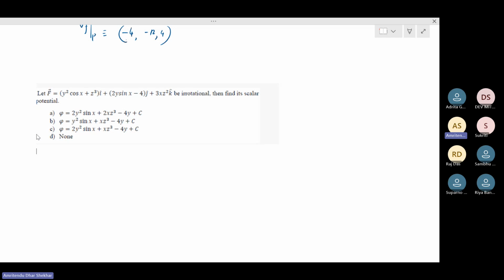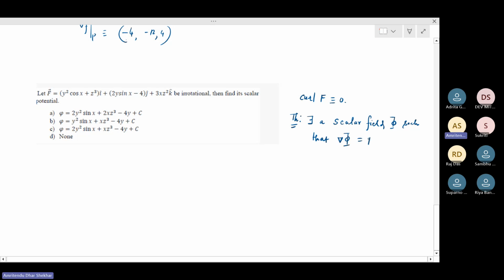But if a vector field is irrotational, so you're given a vector field which is irrotational, which means that the curl of f is equal to 0, identically equal to 0, not at a particular point, then this is the theorem we just stated: there exists a scalar field phi such that grad of phi is equal to f.